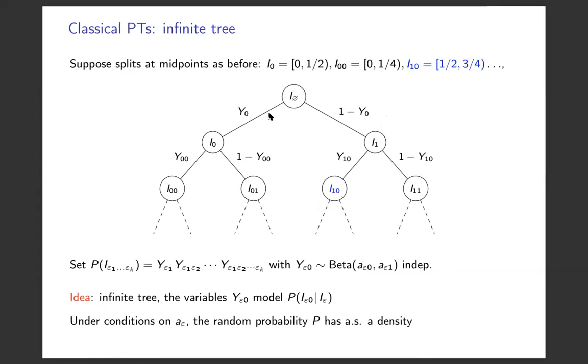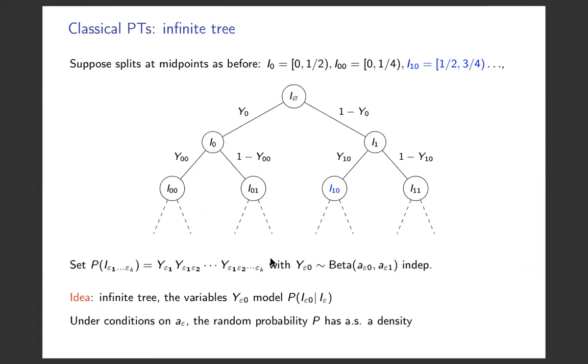The Polya tree prior attributes a random mass to any of these dyadic intervals by a certain product of beta random variables along the tree. The tree is indexed by the random variables, and if you have two branches that go down, the sum is 1 to conserve the mass.